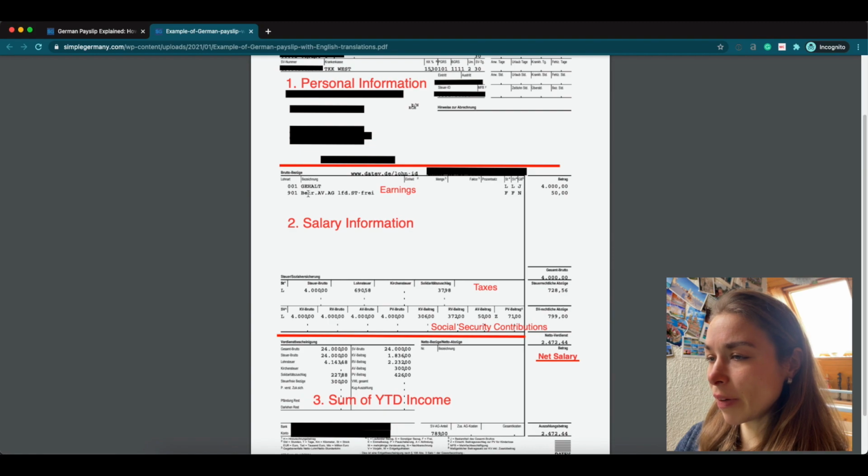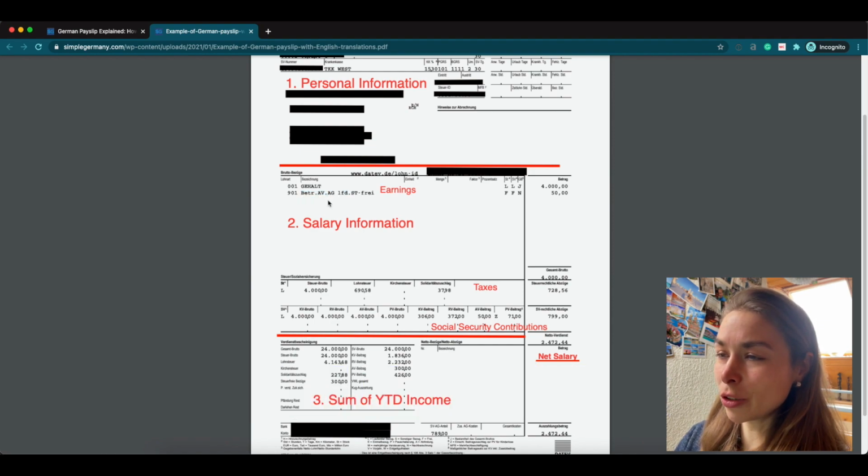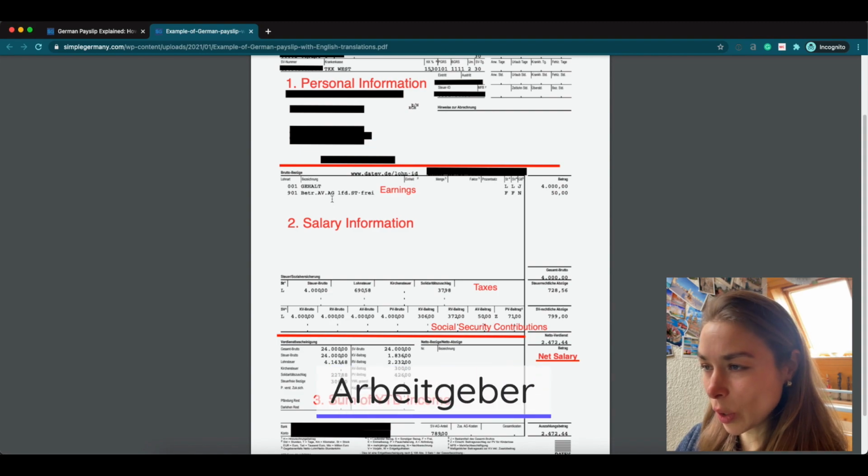Then you might have other listings here, depending on whatever you've negotiated with your employer. In this case, this payslip shows a betriebliche Altersvorsorge. You have here the abbreviation for it, and AG usually stands for Arbeitgeber, so employer.